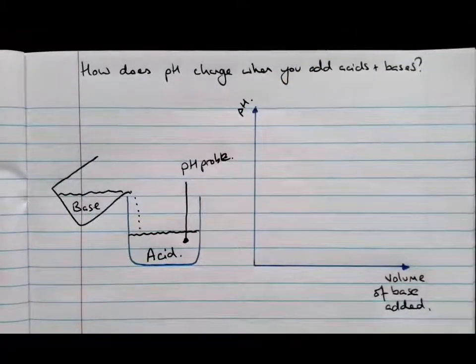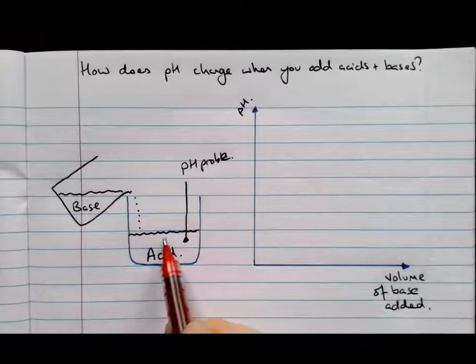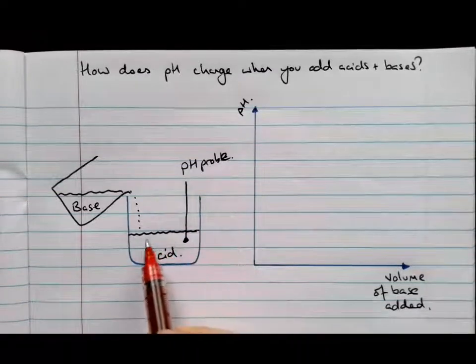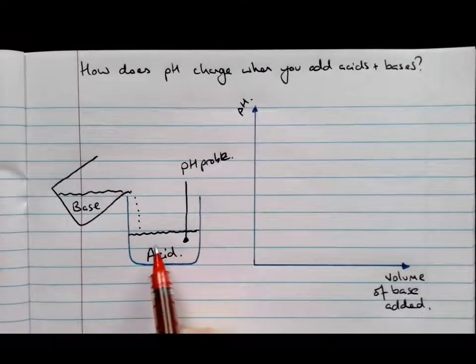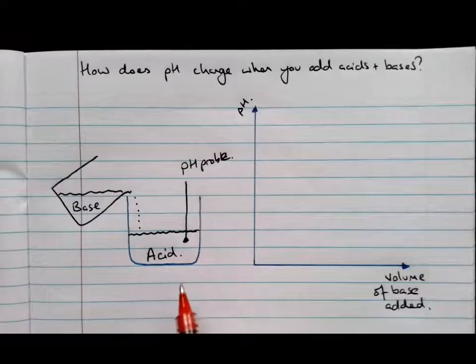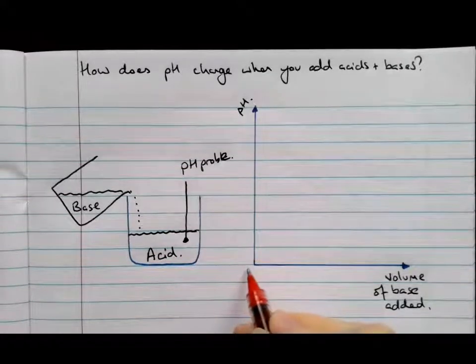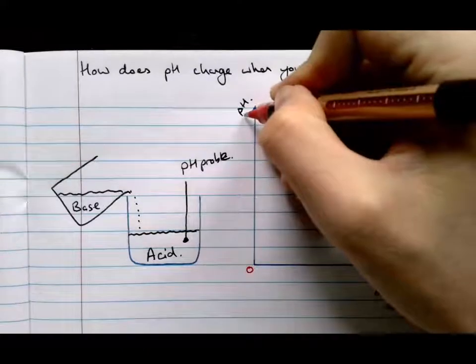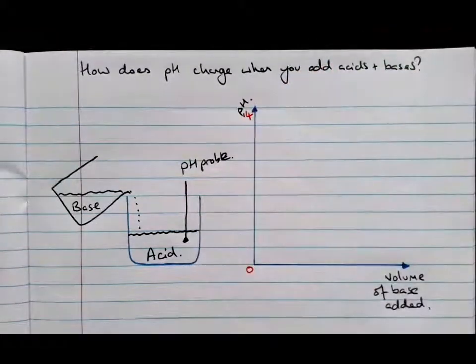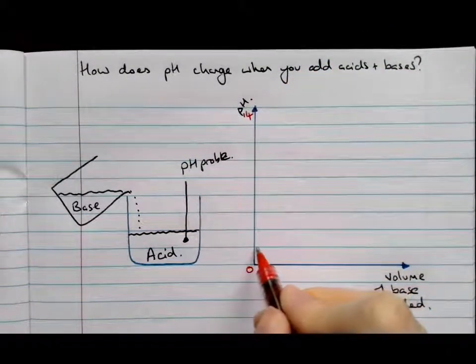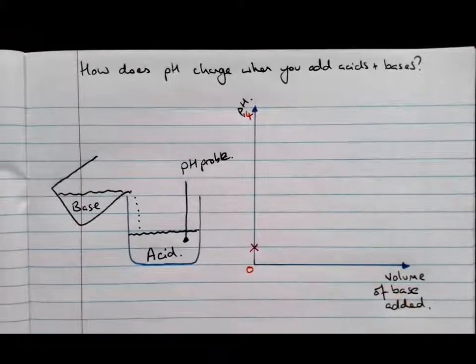So what's going to happen? Well, right at the start, I've only got acid. So there's no base at all, I've only got acid. And the pH of an acid is below 7. So imagine this is 0 down here, and this is going to be 14 up here. So at the start, my pH is going to be really low, because it's an acid.